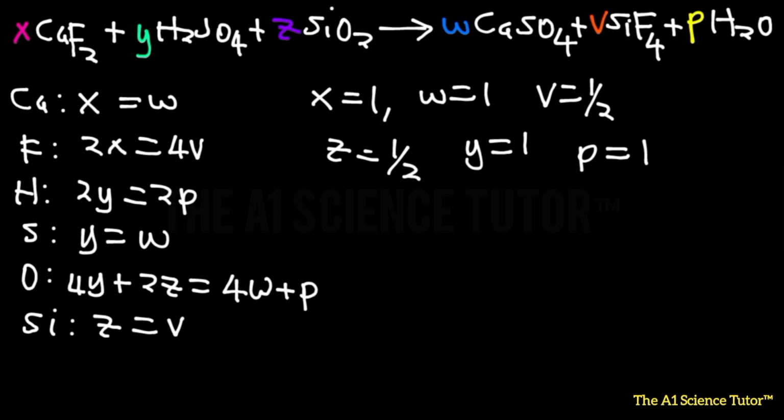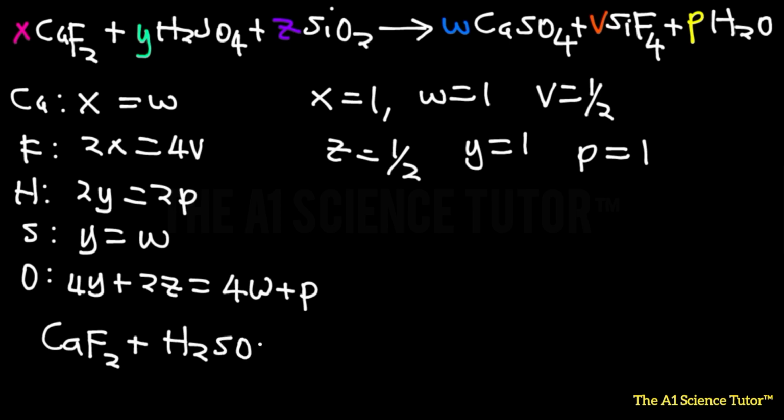Now we're going to plug these ones into the equation. So X, that is a 1, so that's a basic calcium fluoride, plus Y is a 1, so that's H2SO4. Z, that is a 1/2, so that is 1/2.